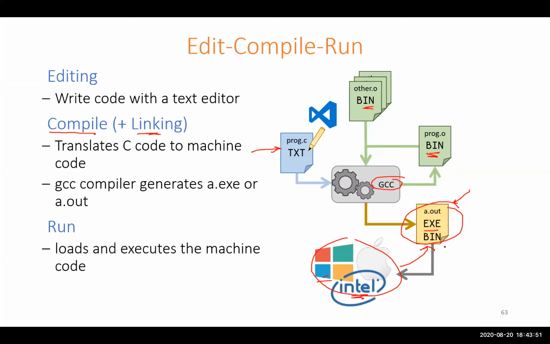So that's how your C program goes to being executed. It goes through two steps, the compilation step and then the final execution step. All right, so this is the main overview. We will go a little bit more into it when we talk about computer organization.